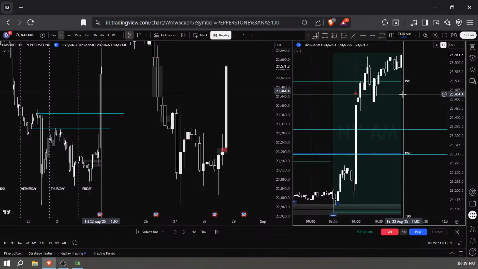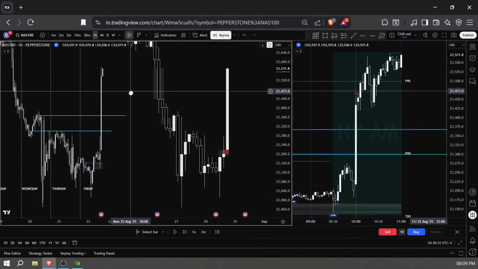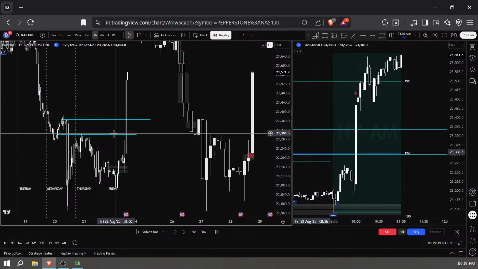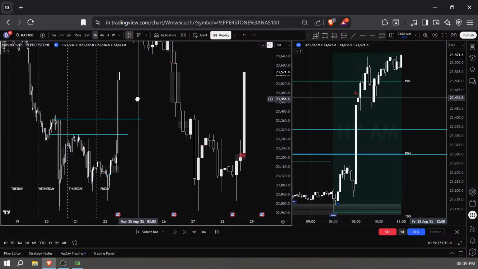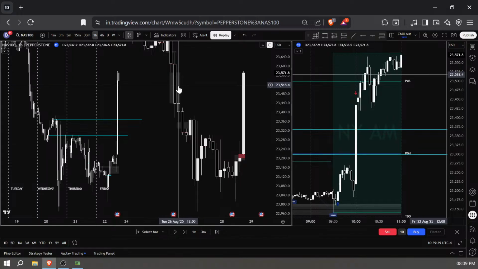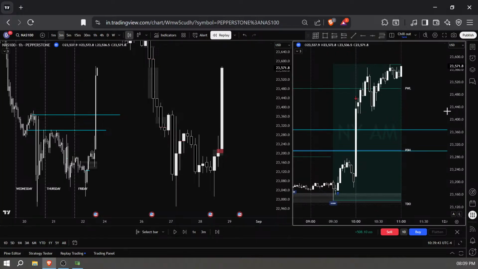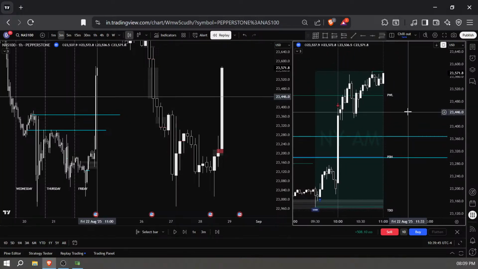So the 1 hour PO3 is insane. We tapped into that 1 hour FVG and we are rising higher. So probably the market is making a bullish structure shift, and we are also inversing this 4 hour FVG. So this is a bad sign for going bearish. So I'll probably look for longs.